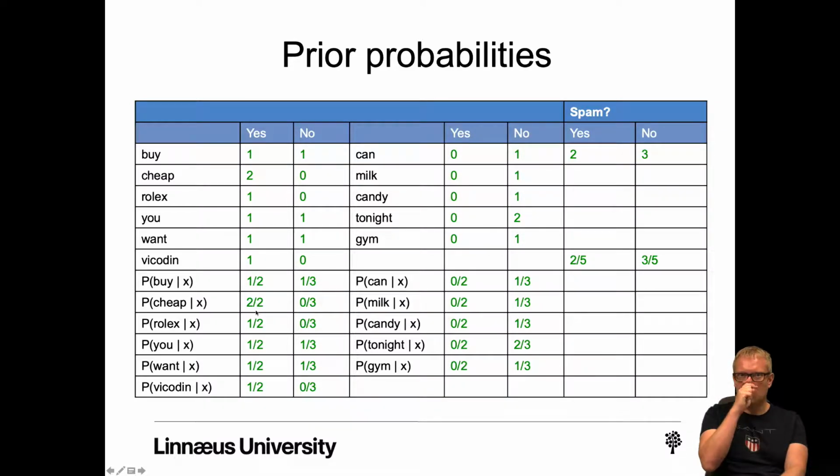Cheap, the probability of cheap given yes, cheap occurs twice for the spam messages, and we have 2 spam messages, so 2 divided by 2, and 0 times for the no messages, and 0 divided by 3. And we just continue filling in these values in our table.